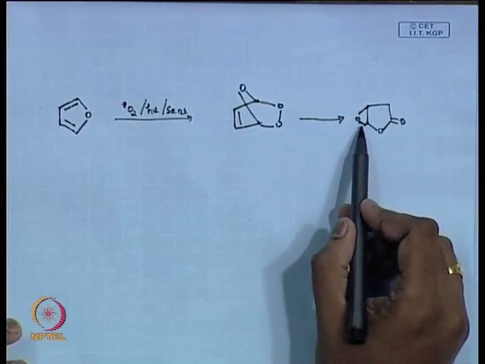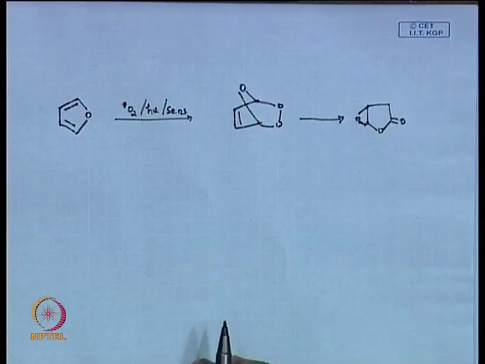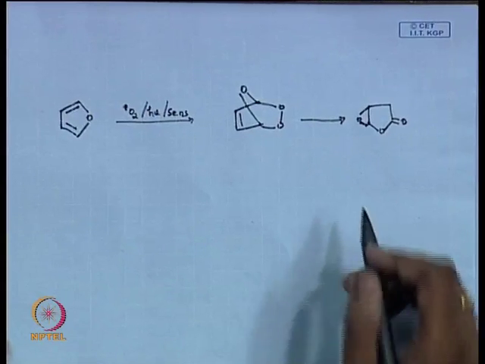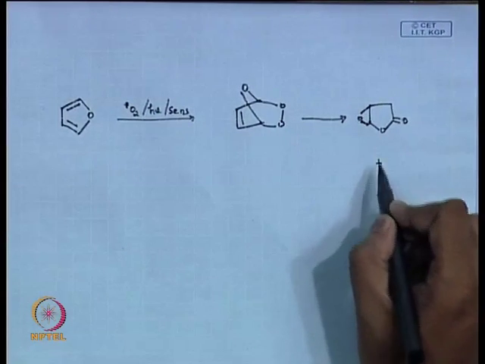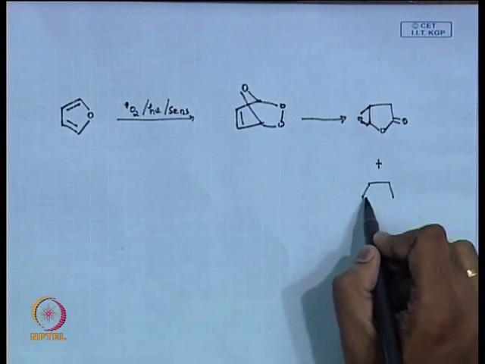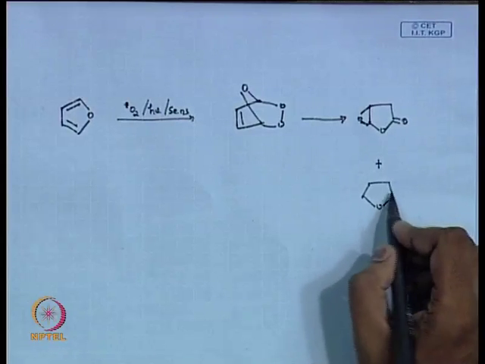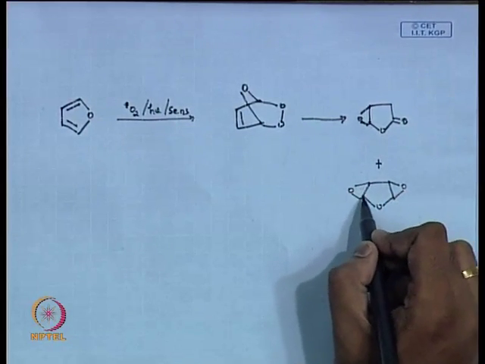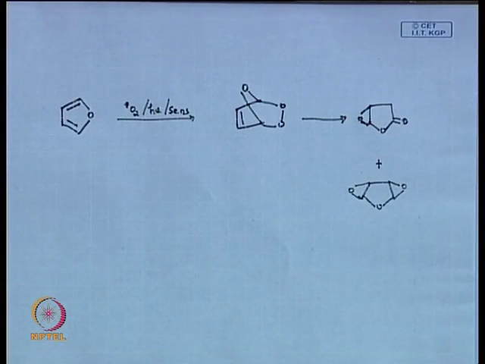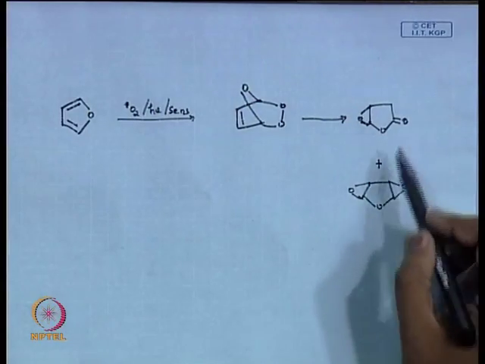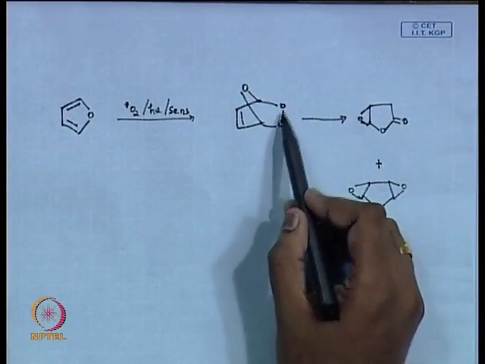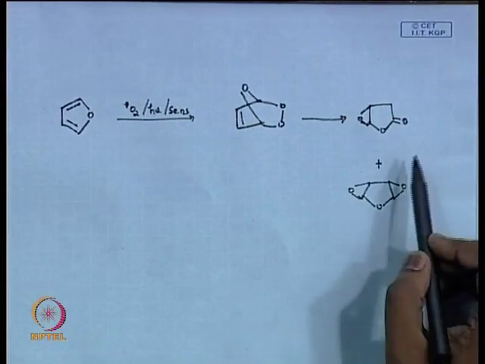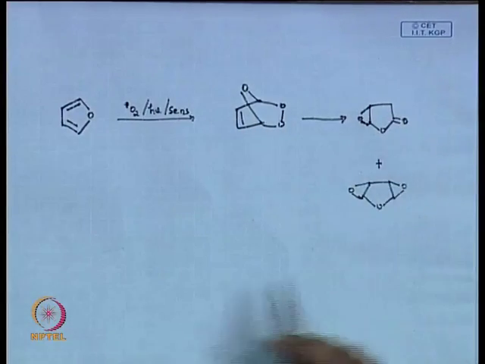Then you can break this epoxide to give you an OH. Basically, you can get these two products: opening up on both sides and making an epoxide, or you can get a ketone with an epoxide.